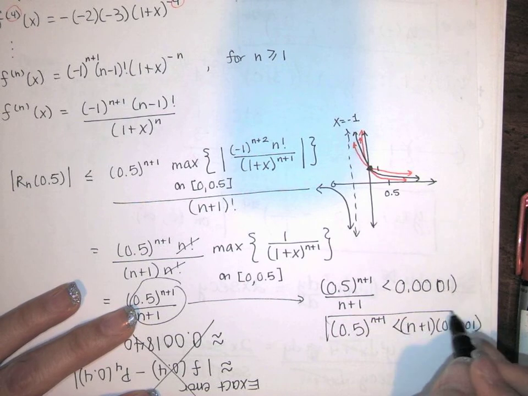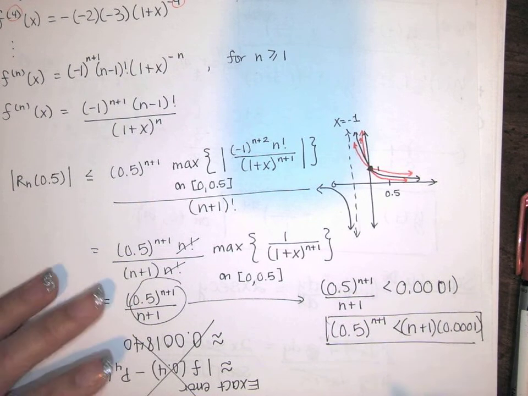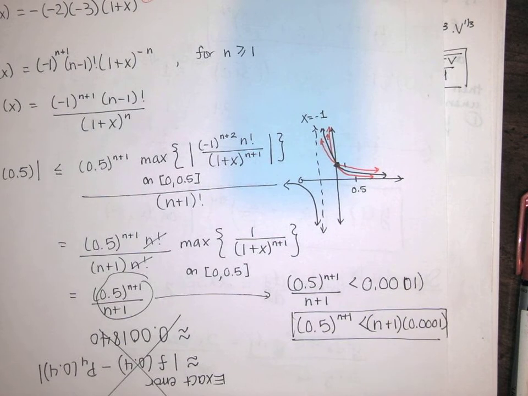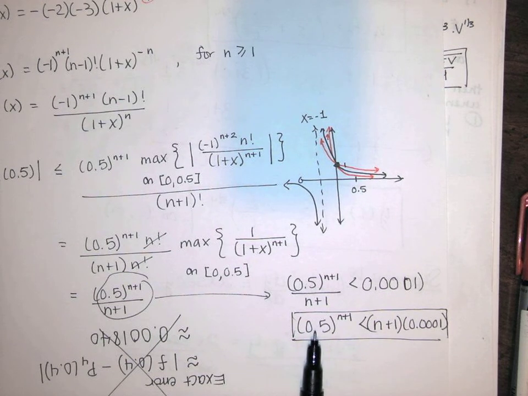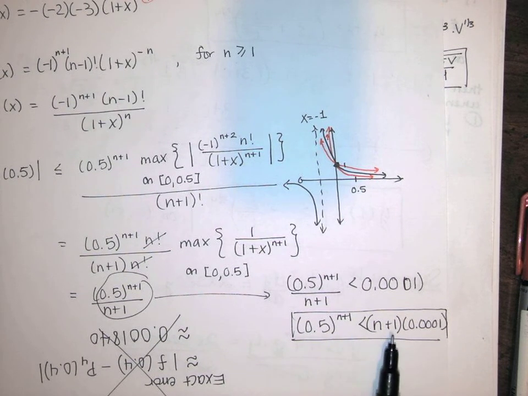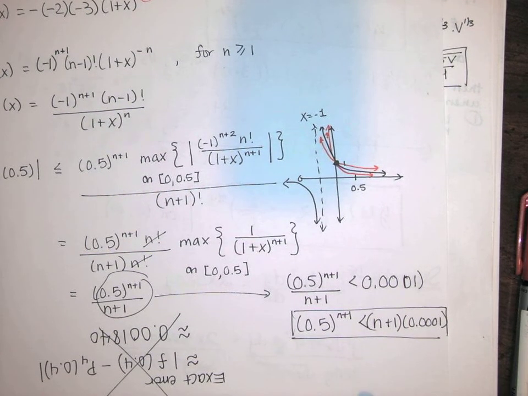Now, this is conceptually not difficult at all. Algebraically, it's difficult because you've got an exponential expression over here, and you have a linear expression over here. So the best way to solve this is numerically using a graphing calculator, and most of the time we don't do that in this class. But we could use a graphing calculator in this case.